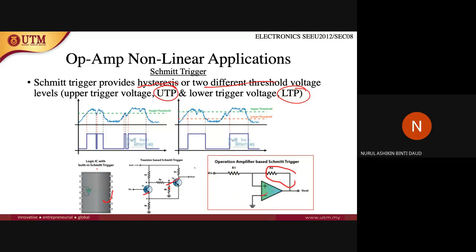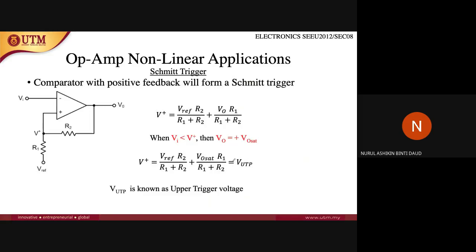At the comparator OP amp, you just add the positive feedback, then you get the Schmitt trigger. So the OP amp non-linear application for the Schmitt trigger is a comparator with positive feedback.